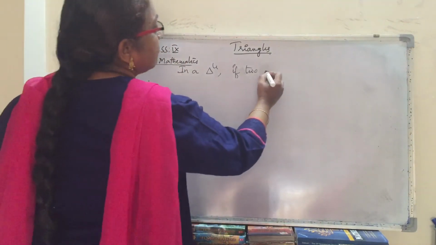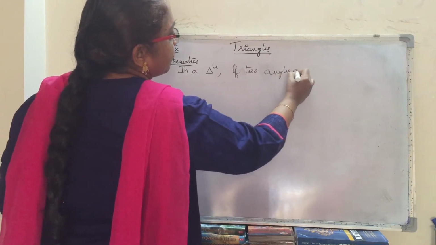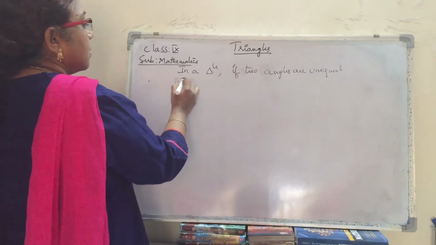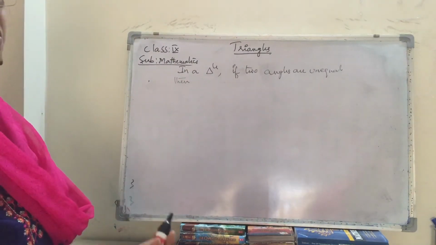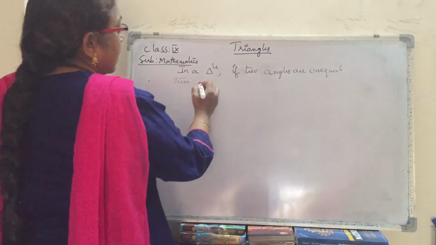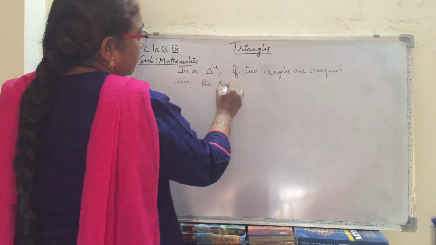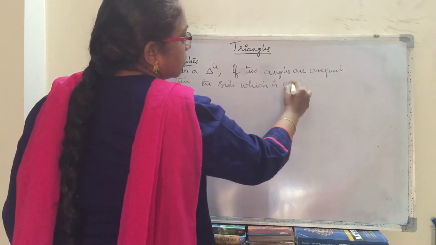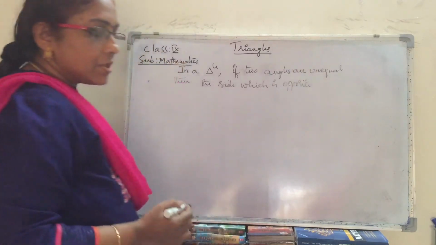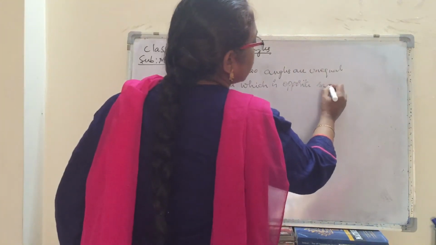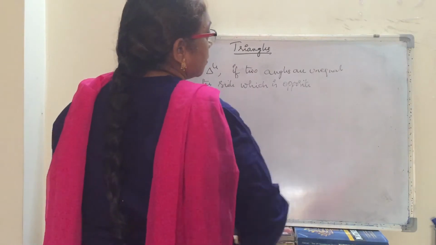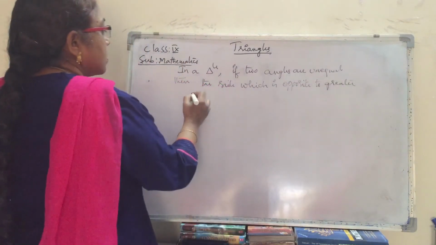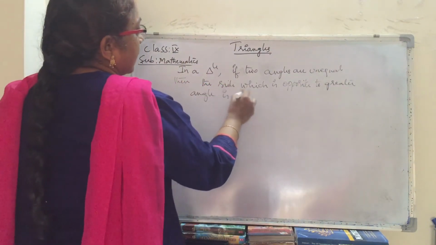In a triangle, if two angles are unequal, then the side which is opposite to the greater angle is greater.